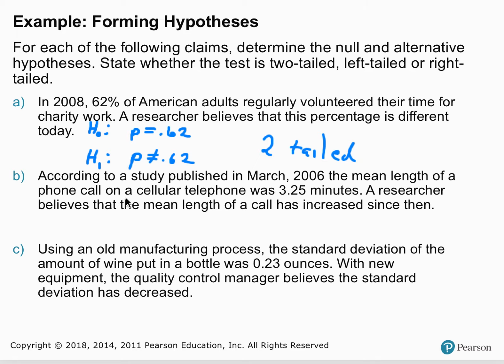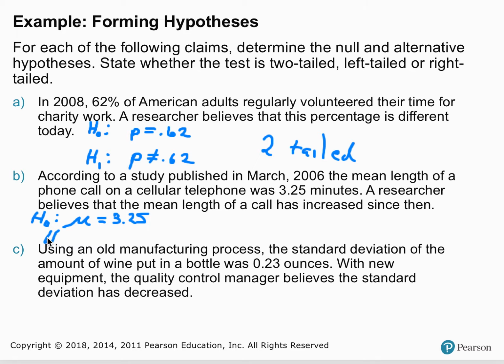Okay, according to a study published in March 2006, the mean length of a phone call on a cellular telephone was 3¼ minutes. A researcher believes that the mean length of a call has increased since then. So my null hypothesis, this time we're talking about the population mean. It's always what it is believed to be, equal.